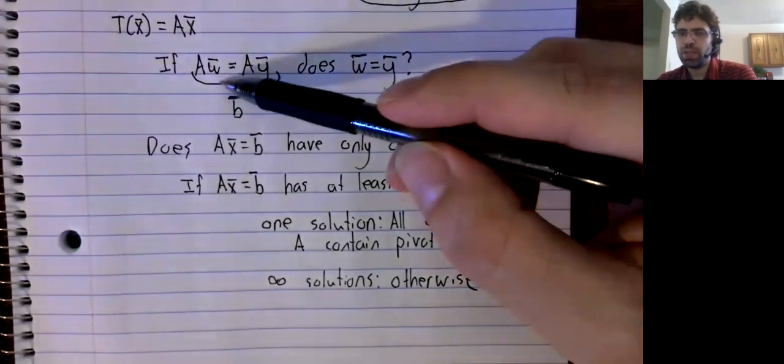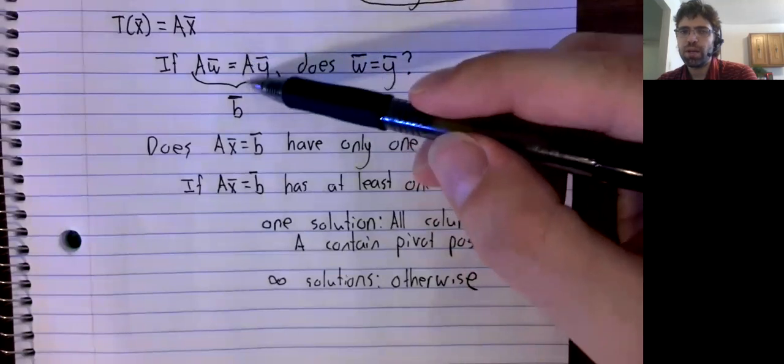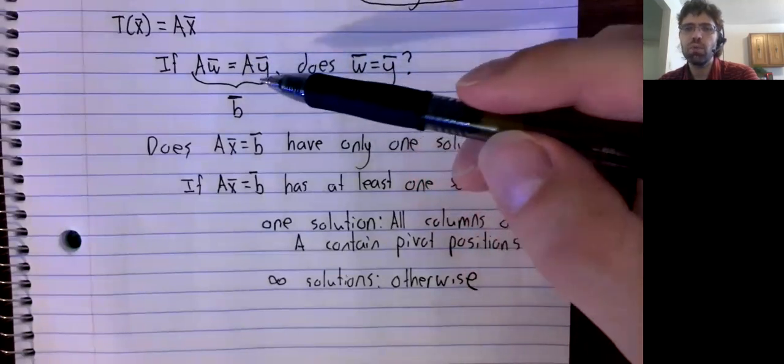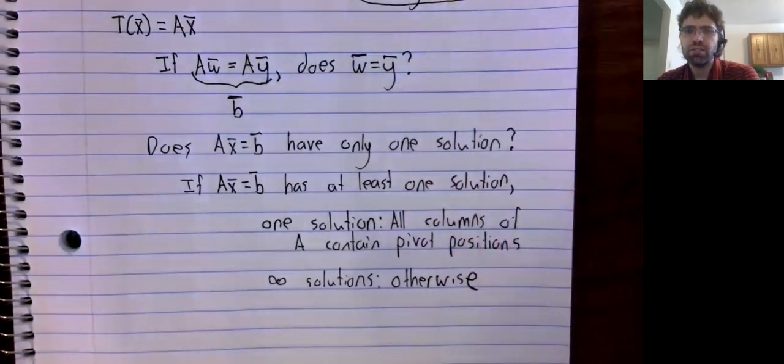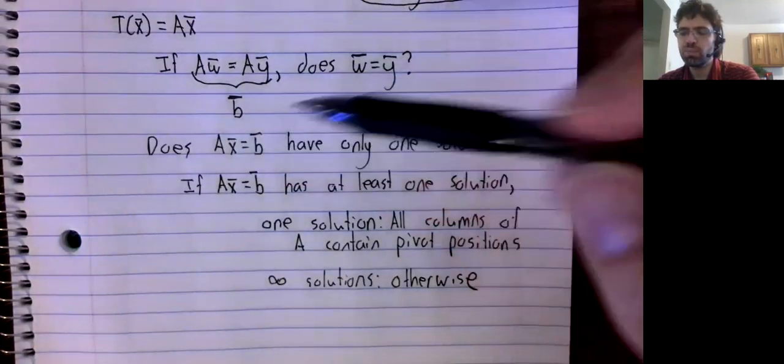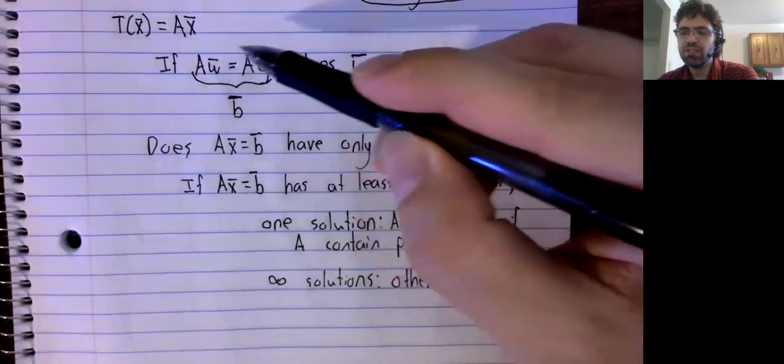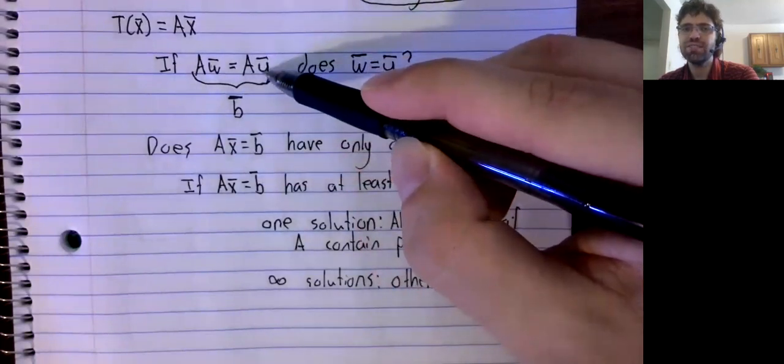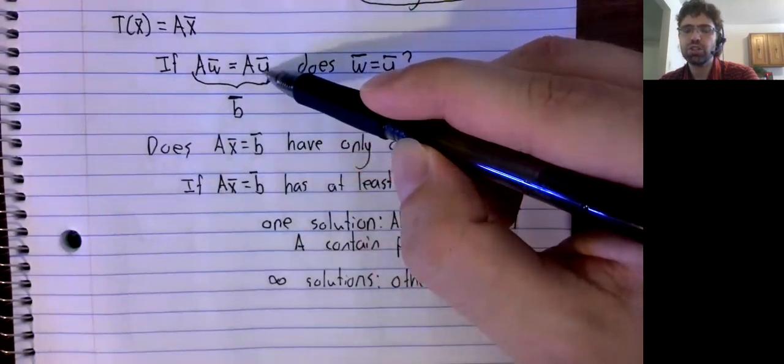And this question, remember, whether T is one-to-one, is the same as asking, does AX equals B have at least two distinct solutions?